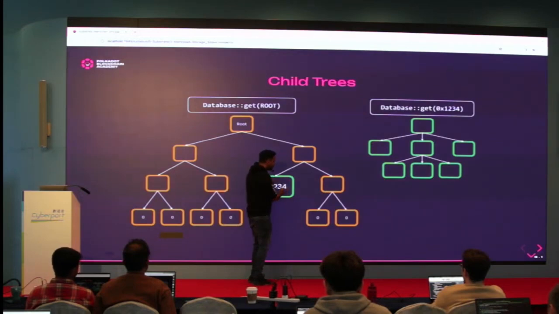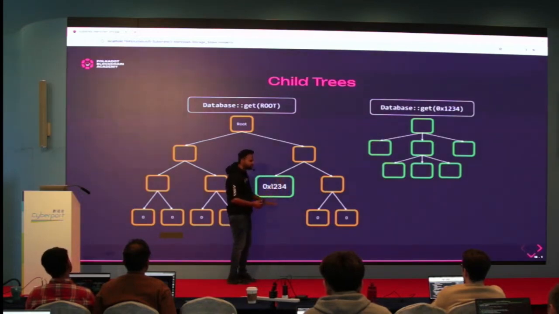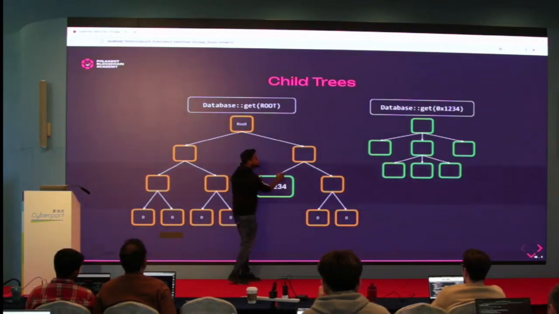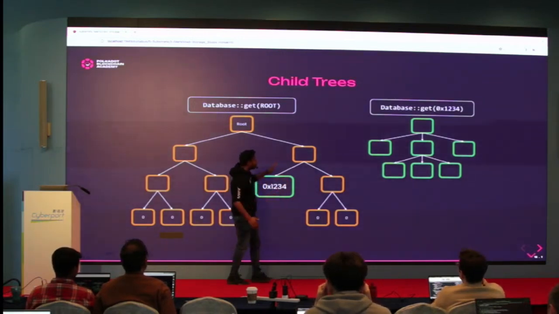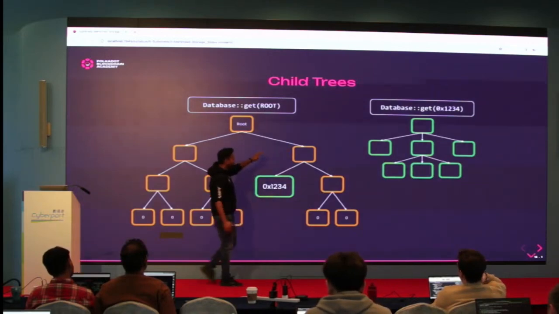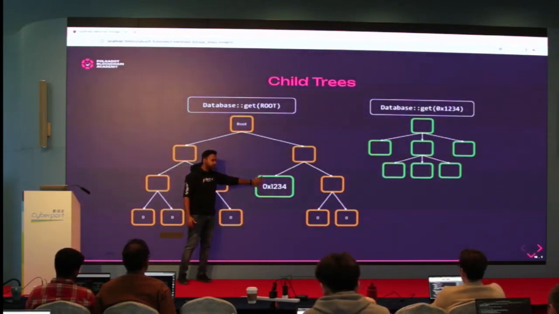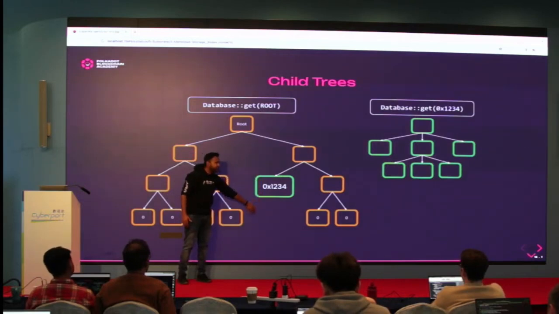You want to keep track of the state root and have some proofs of what data your child tree contains. What you can do is use this child trie. For the main trie structure, it's just one child, but internally it's another Merkle tree storage structure.